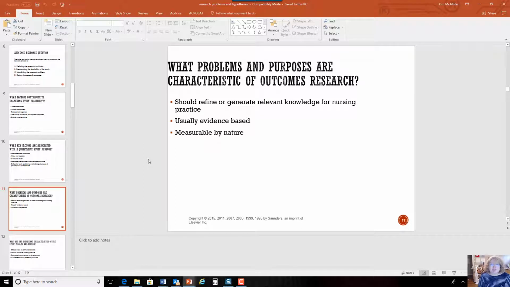So something like that would be looking at ways to reduce pressure sore occurrences, or there have been some specific studies with neonates and pressure sores, neonates who are in the NICU. What type of mattress or what type of bedding do we need to provide neonates, and so forth. That would be an example of an outcome, because you're looking at which one reduced the incidence of pressure sores.